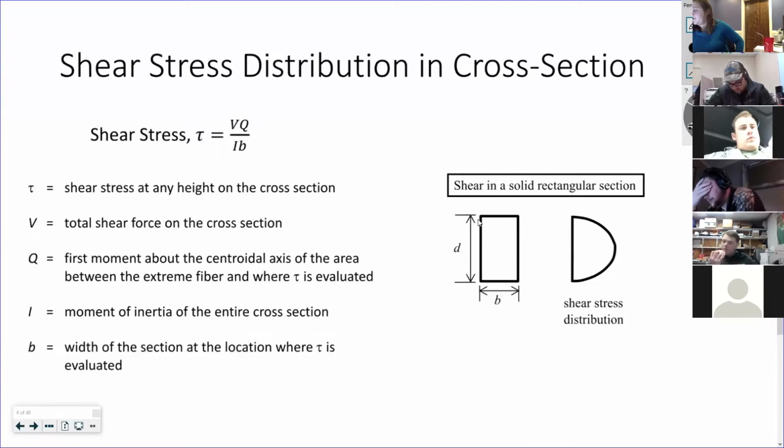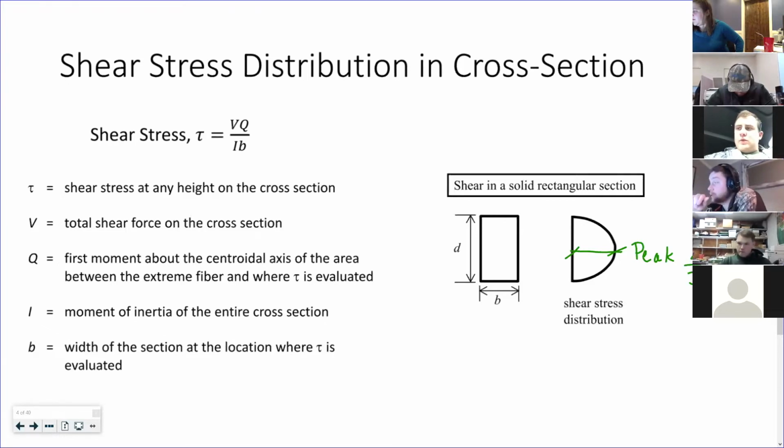You have your highest shear stress in the center, and it has a value of 2/3 times your shear force over your area.